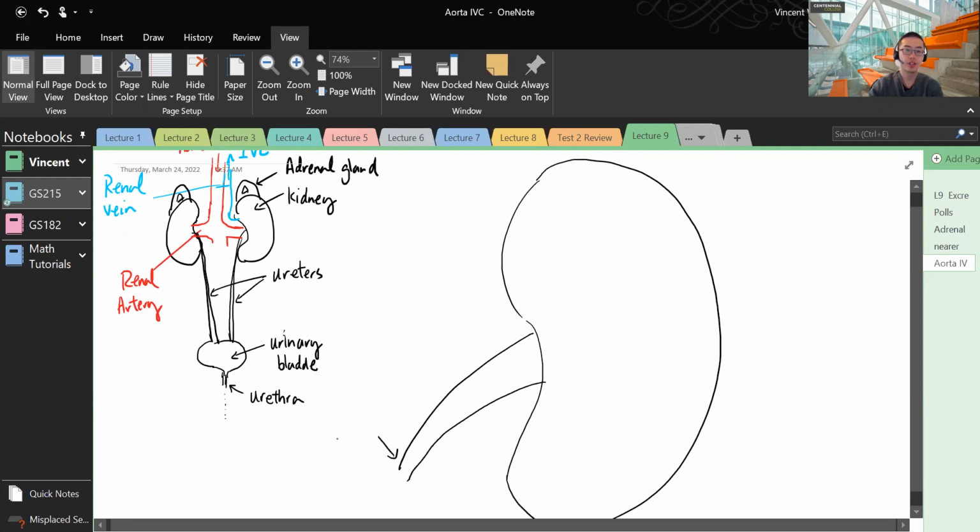This is the ureter. And this area that's closer to where it enters the kidney is called the renal pelvis.